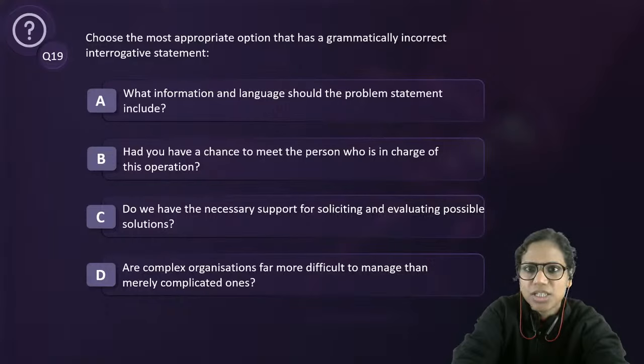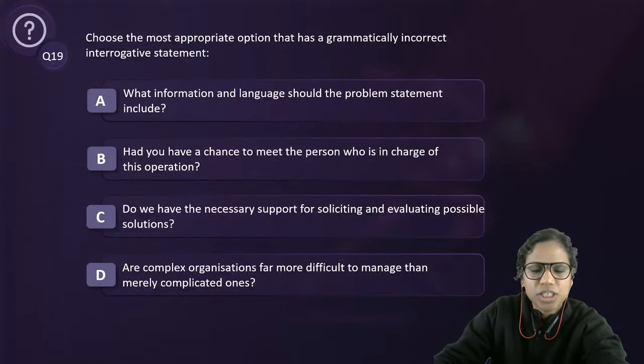All right. Let's see what you say. Good, Smriti. Just saw your message. Appropriate option that has a grammatically incorrect interrogative statement.